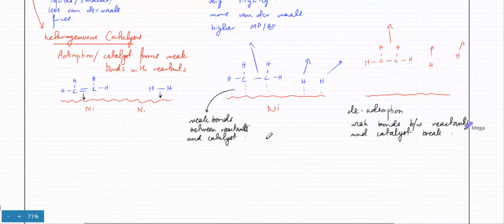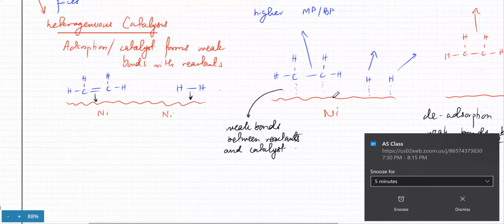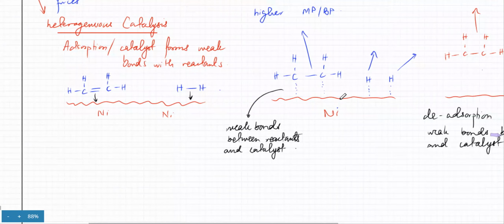One reason why transition metals are very good catalysts is that they only very slightly attract electrons. Unlike non-metals, if you had a non-metal over here, the non-metal would have completely pulled the electrons and strongly bonded with the carbon atom, and it would not have allowed the carbon to go back. So nickel is going to be very, very slightly attracting those electrons.